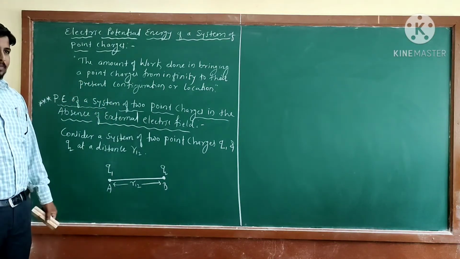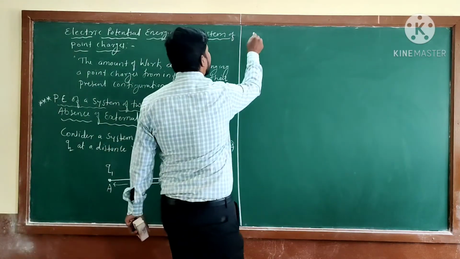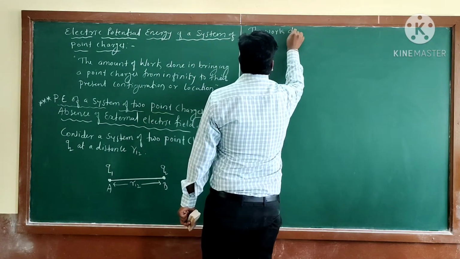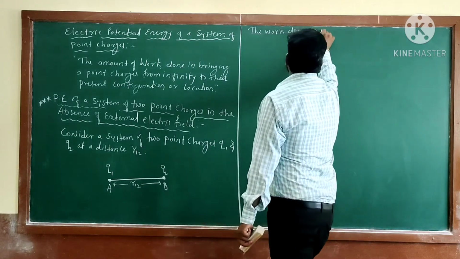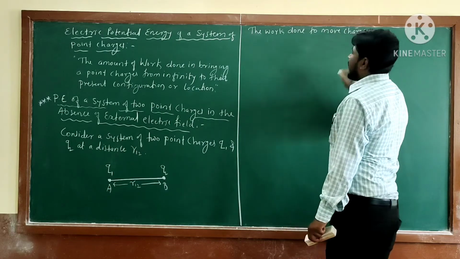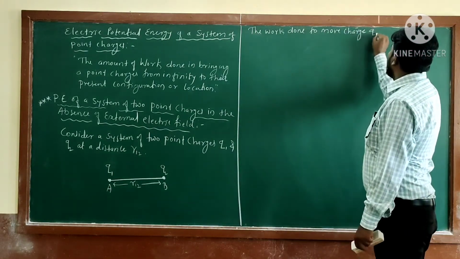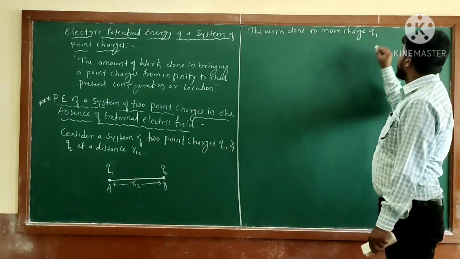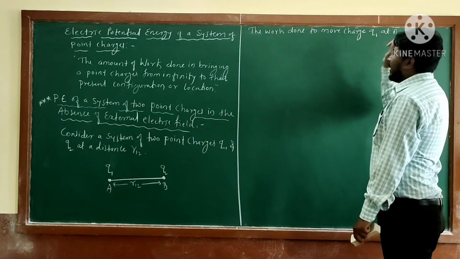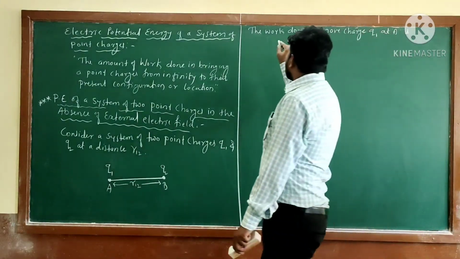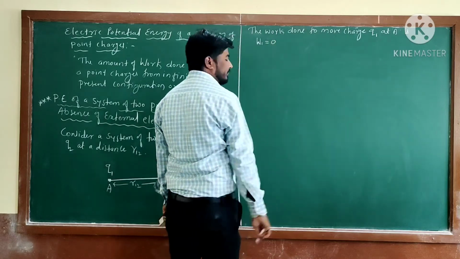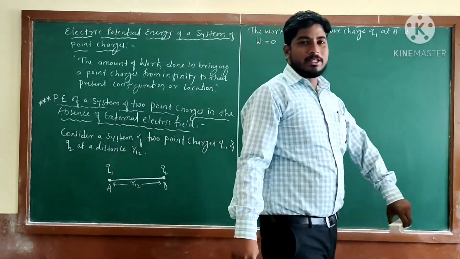So here I write the work done to move charge Q1 at A is W1 equal to 0.